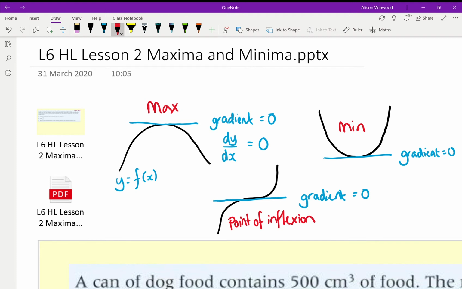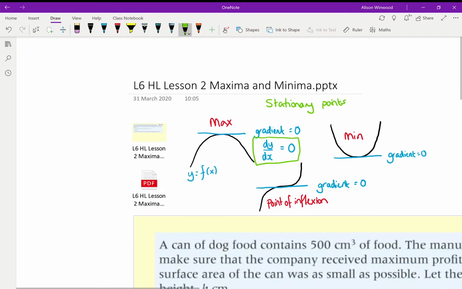And all these three things are called stationary points. So the way to test for a stationary point is to differentiate and see if the gradient is 0 at that particular point. We're going to concentrate for now on maxima and minima in particular situations.